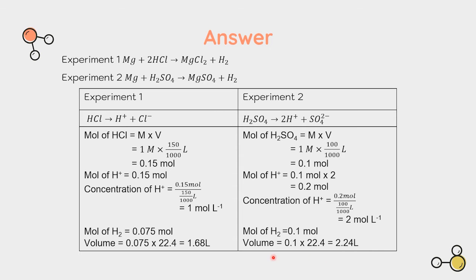So by calculating the concentration of hydrogen ions of these two experiments, we can see that the concentration of hydrogen ions is higher in the second experiment, where we have 2 moles per liter, while the concentration of hydrogen ion in experiment 1 is only 1 mole per liter. So that means experiment 2 has a higher rate of reaction.